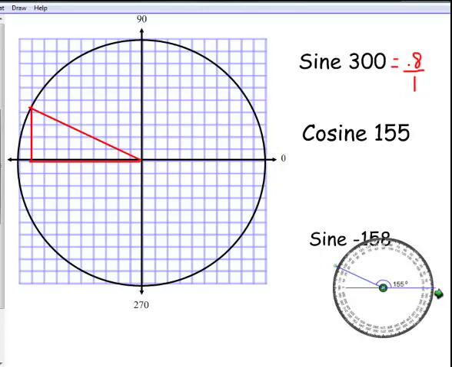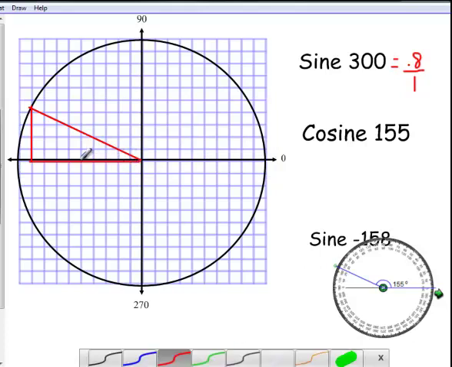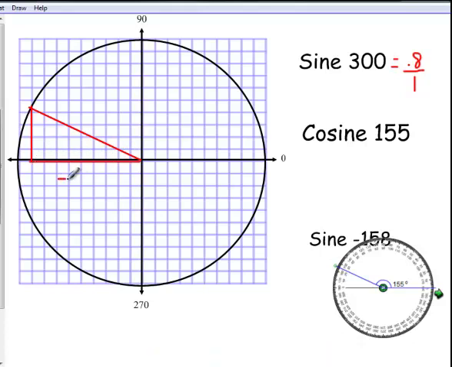All right, so let's just count up. 1, 2, 3, 4, 5, 6, 7, 8, 9. So that looks to be about 0.9, and it's in the negative direction. How far did I go up? 1, 2, 3, 4. A little more than 4. It doesn't look like it's 4 points. So I'm going to say I went up about 0.4. Or let's just say 0.45, because it looks like it's about halfway between 0.4 and 0.5.